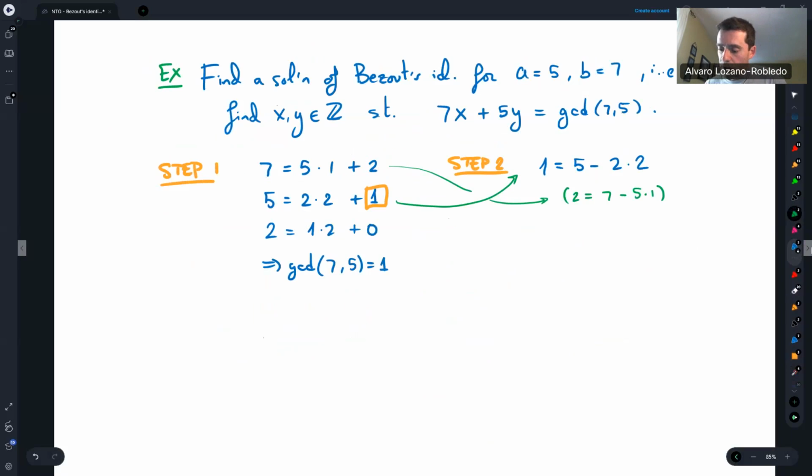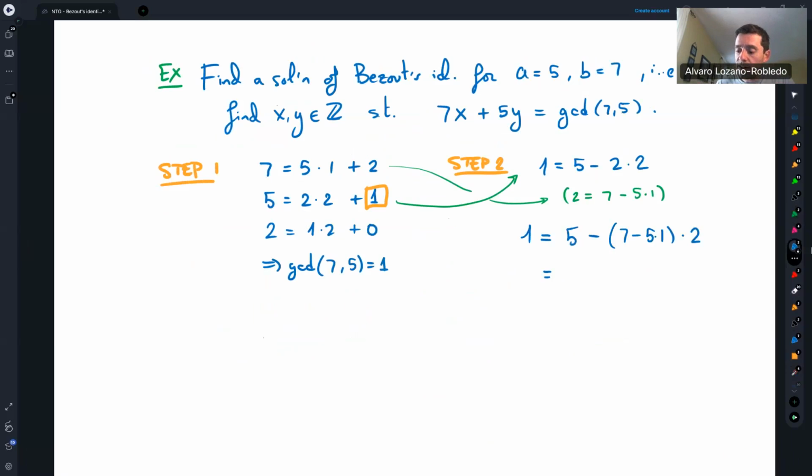And use that information in my equation above to write that 1 is 5 minus (7 minus 5 times 1) times 2. Now use the distributive property, without multiplying everything through, just to collect 5s and 7s.